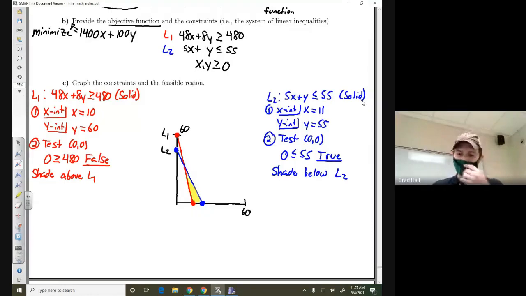And from here, we can see that there are 3 corner points now. The point of intersection and these 2 X-intercepts. Those are the 3 corner points here. This first point over here is the X-intercept for what seems to be L1.